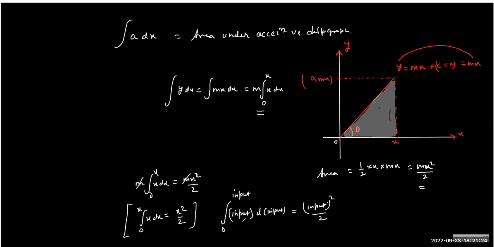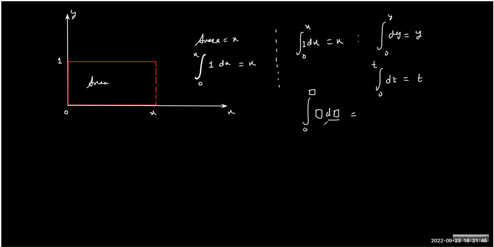So any input and d of that input from 0 to input is always input square by 2. Do you realize this? Now x will lose the meaning, so we have to go in a generalized fashion. Although we have derived it using some simple logic, once the answer is there, we can extend the answer for anything. So this is always equal to... how many of you realize this?